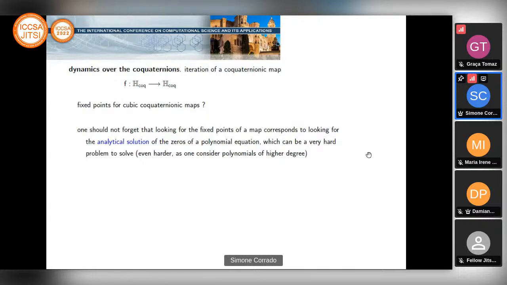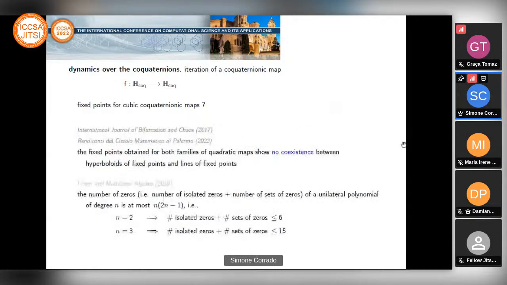But let me, okay, I have here something very, very intriguing. As I showed you before, we can see that the fixed points obtained for both families of quadratic maps show no coexistence between hyperboloids of fixed points and lines of fixed points. And you can ask naturally if this is something that occurs for every polynomial.